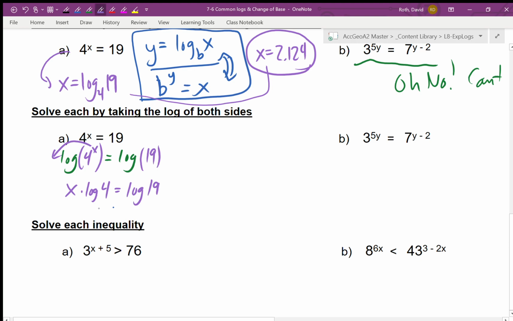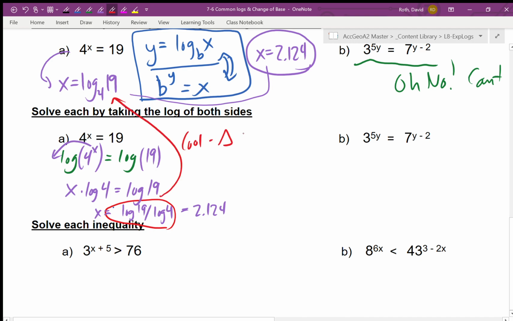And then x is equal to log of 19 divided by the log of 4. And you say, hey, cool. Isn't that exact? Well, that's still 2.124. And then, whoa, cool. The change of base formula just kind of popped out.